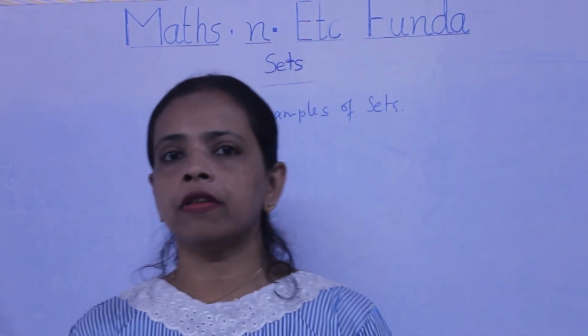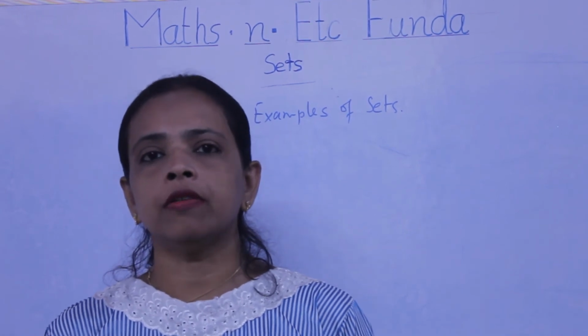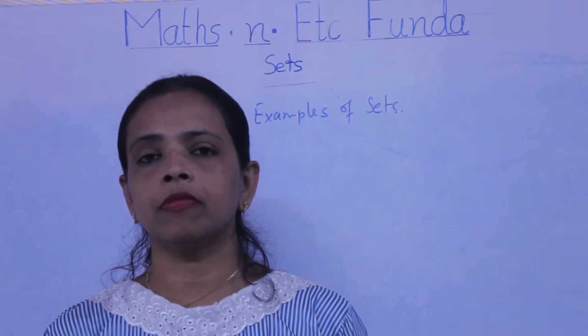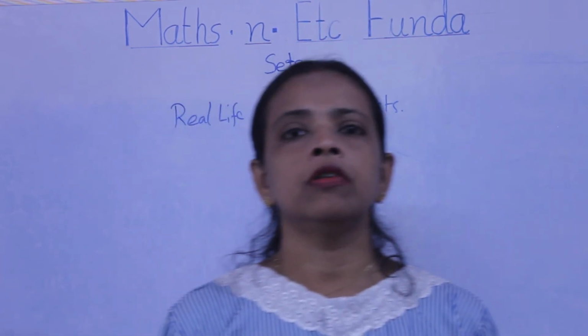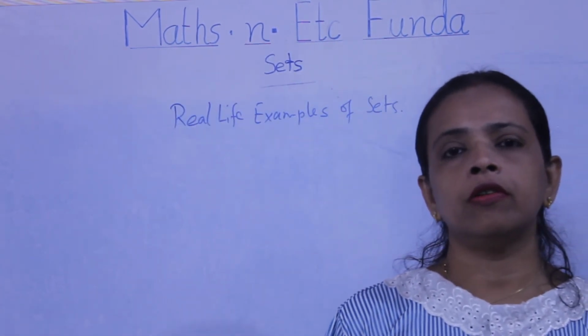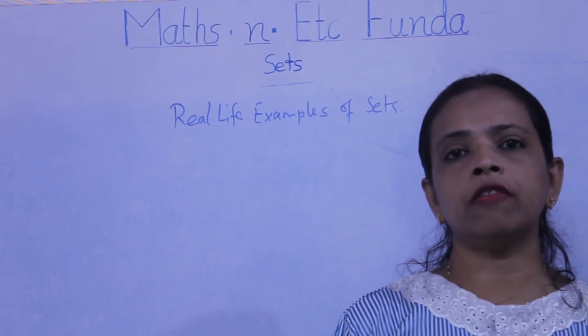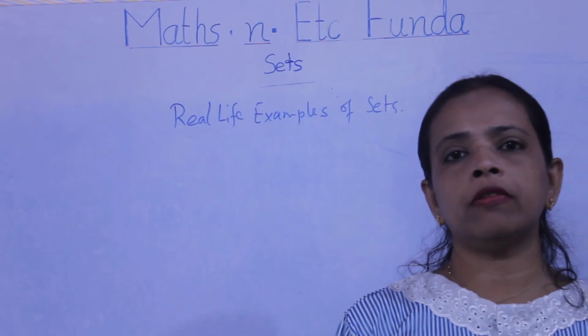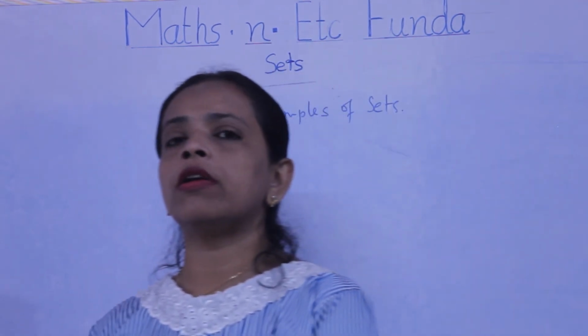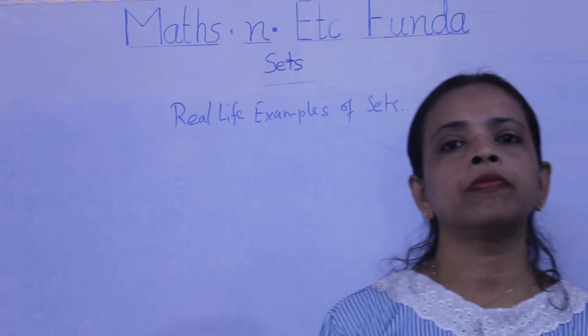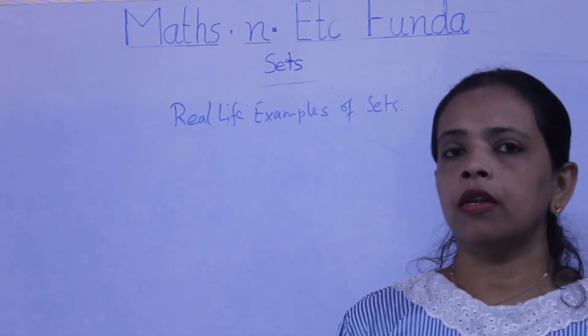Now take another example. In our kitchen, we use utensils. Our mother uses different racks for storing different types of utensils, that is, one rack for plates, one rack for bowls, one rack for glasses, like this. So these are different sets. Number 3.